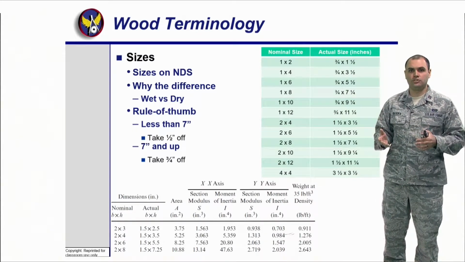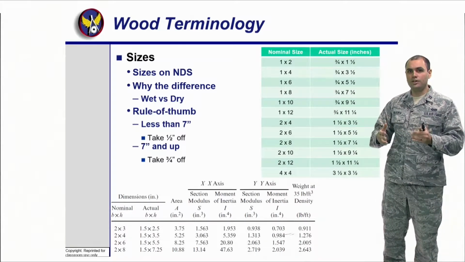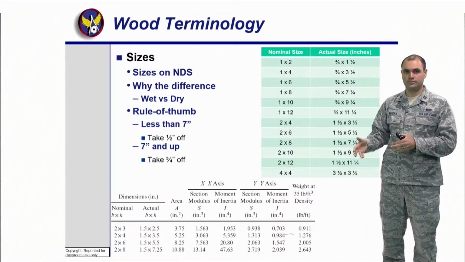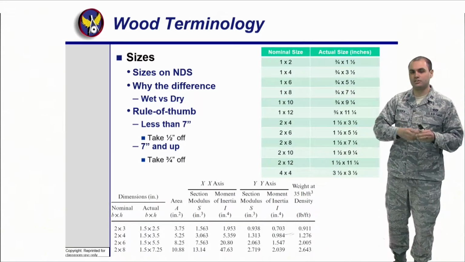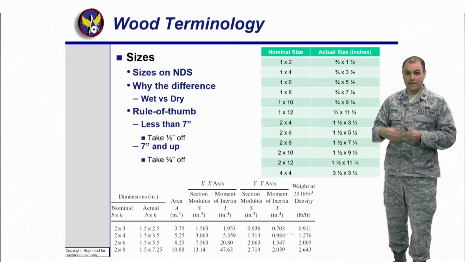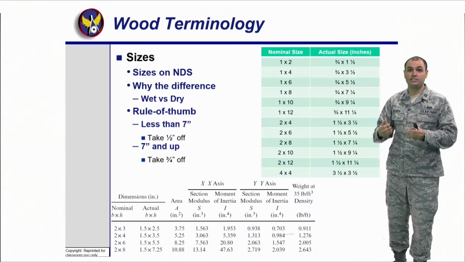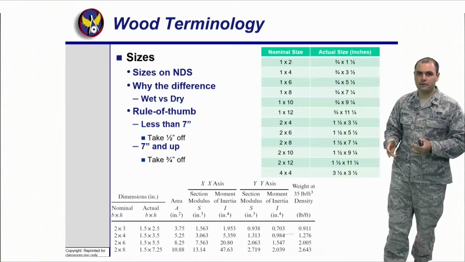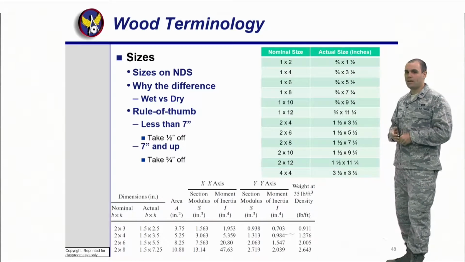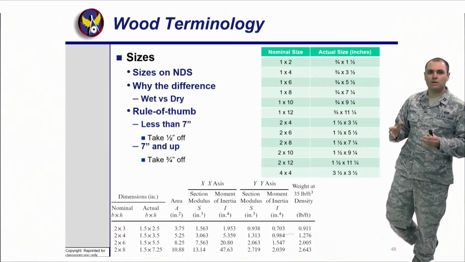In this case, I can actually explain the difference. When wood is cut, it's cut wet. You've seen those videos where they put it down the river, pull it from the river, and start cutting it into different pieces. That's why it's 2x4, because when it's wet, it is 2 inches by 4 inches. But as it dries to about 80% humidity, it shrinks to about 1.5 inches by 3.5 inches. So that's kind of what it is.